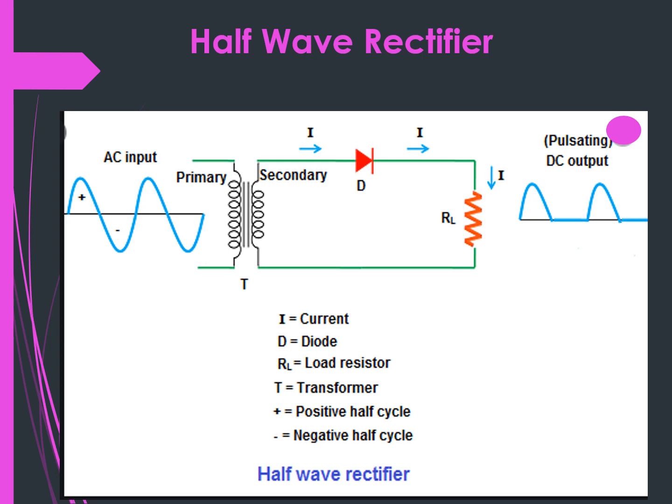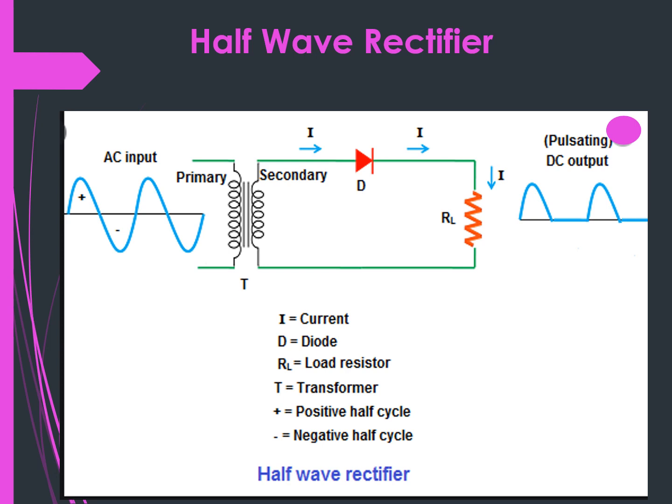That's why we use a transformer. There are many diagrams in many books where the transformer is not included, but it is better to always have a transformer, because it helps in stepping up and down, and it isolates the input power circuit and the output circuit, so there is no chance of getting an electric shock.